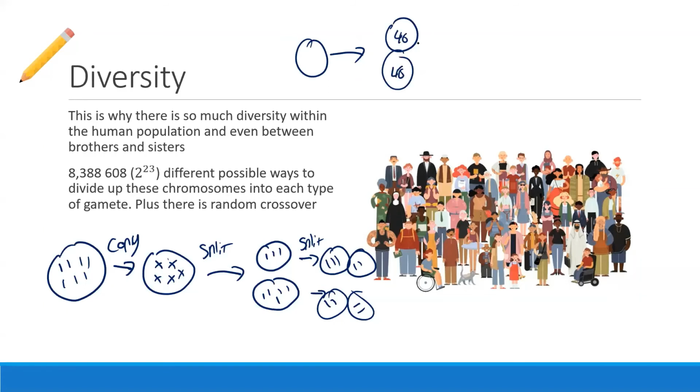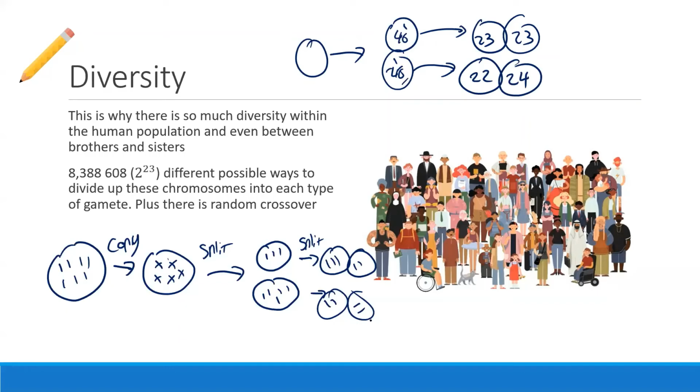And then those chromatids split to make 23 and 23. But what if one of those accidentally splits and makes 22 and 24? Could that happen? That could happen. That has happened.